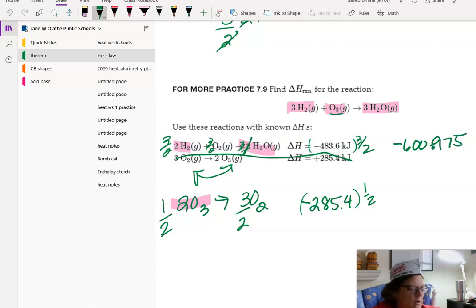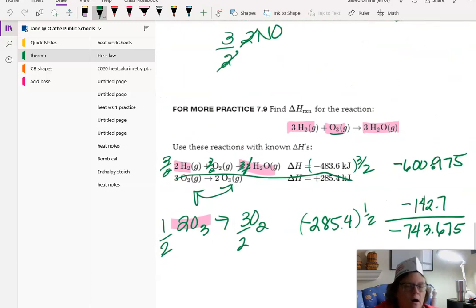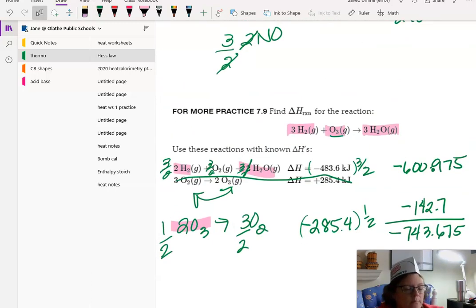The second one, negative 285.4 divided by 2 gives me negative 142.7. I add them together. And I get a total of negative 743.675.